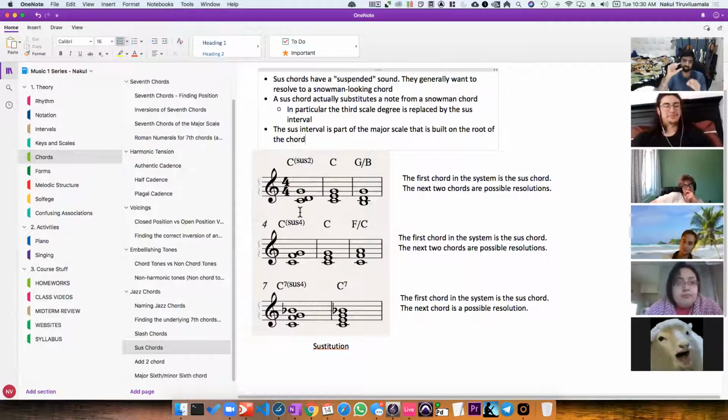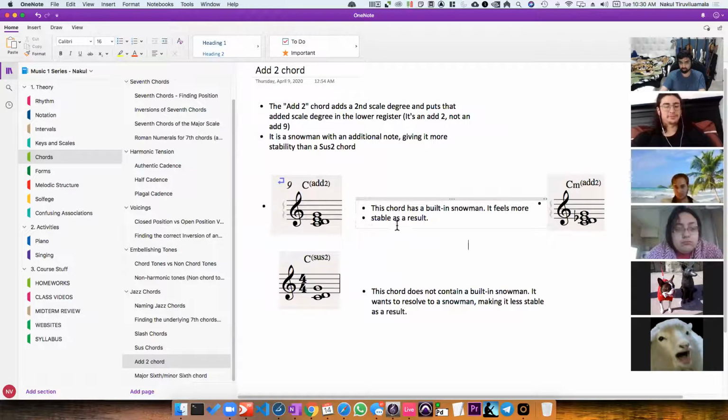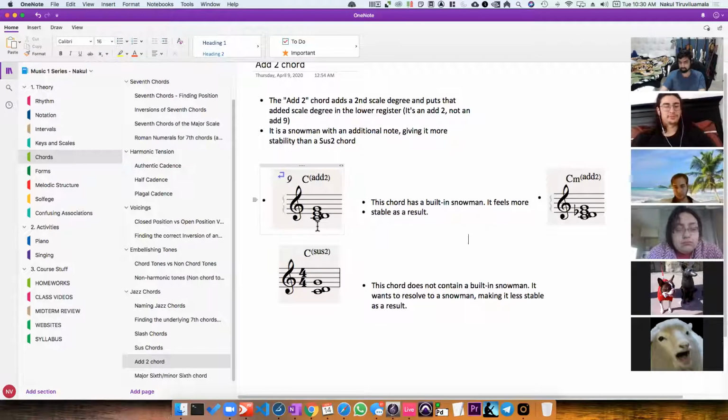That's a destructive process where the third is being destructively replaced by the second. There's no third once you substitute the second for the third. That's contrasting what an add chord is. In an add chord, you actually keep all the intervals, and you're just adding. You start with the snowman, and you're just adding a second, or you're adding a fourth, right?